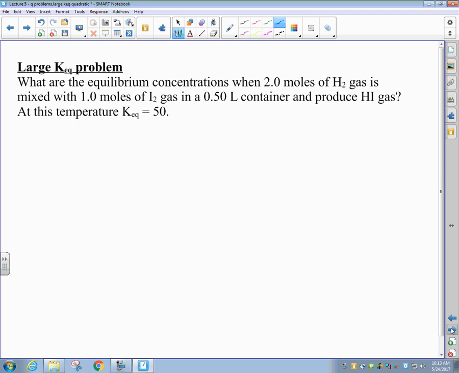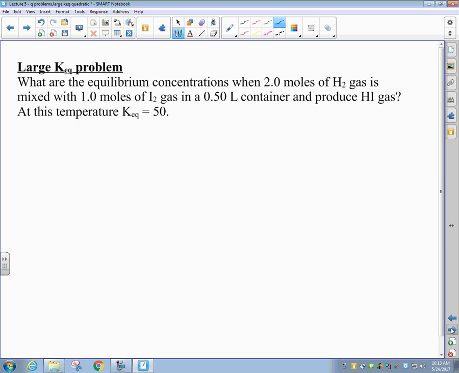Now, the next example is how to handle when you have a large KEQ value. That means you're going to have a lot of your material shift to the product side, and X is going to end up being a large number. If X is a large number, then we can't, unfortunately, make the assumption anymore, and we are forced to do the quadratic equation. So, give you an example of what this would look like.